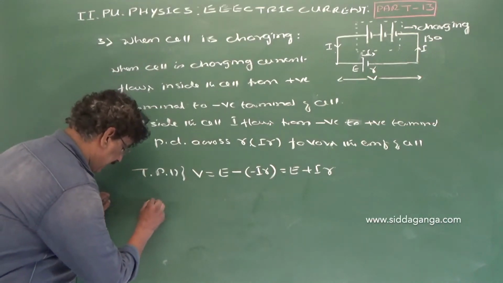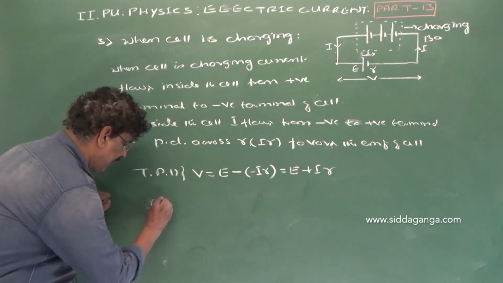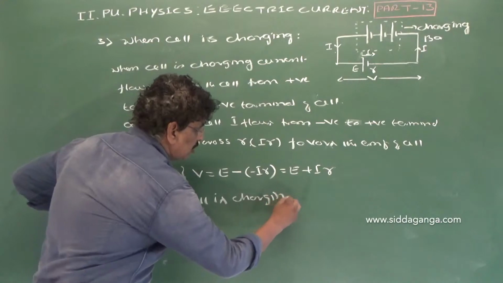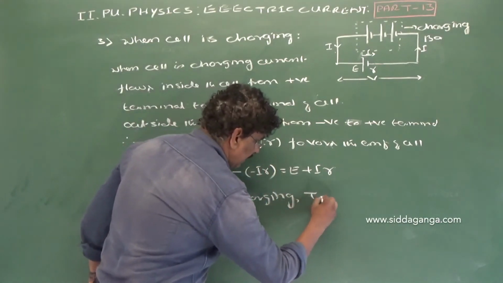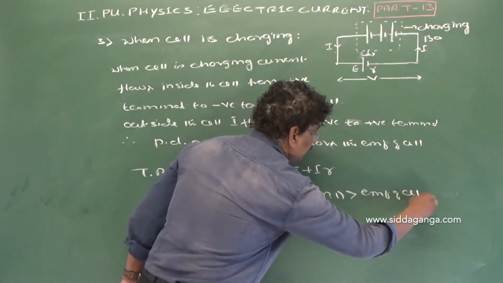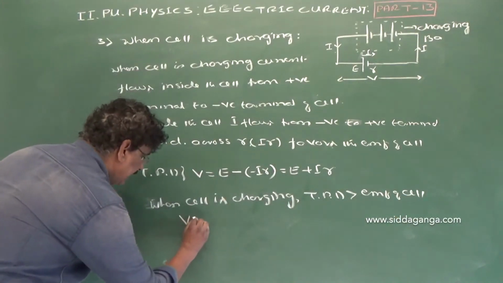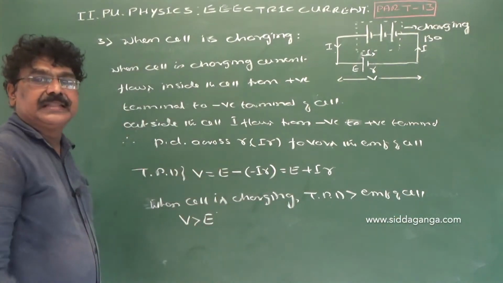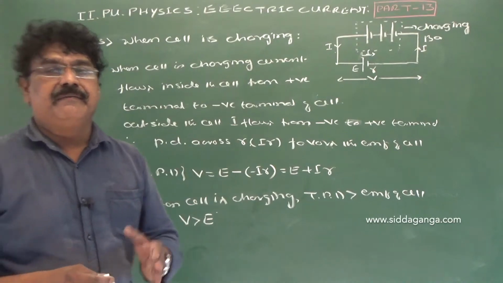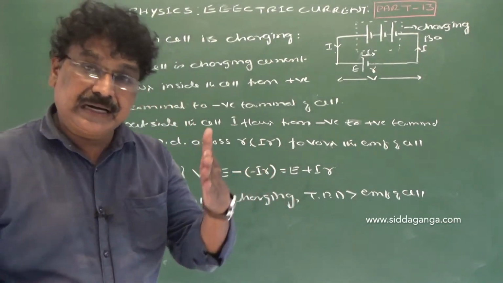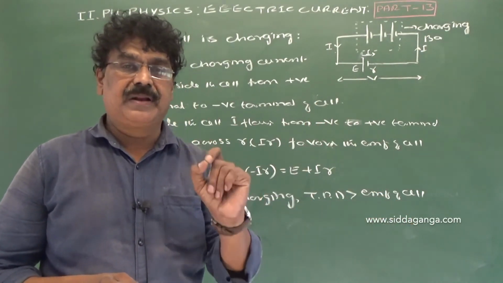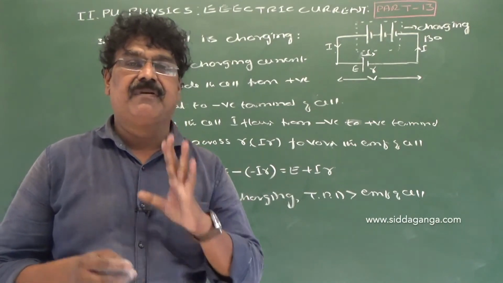So, when the cell is charging, the terminal potential difference across the cell is greater than E, that is V is greater than E. In general, when the cell is driving current, discharging in a closed circuit, the terminal potential difference is less than the EMF of the cell.